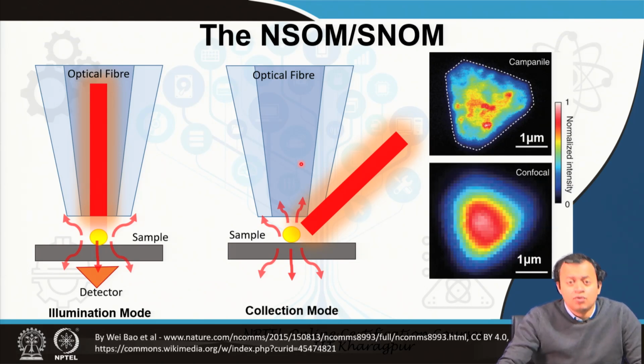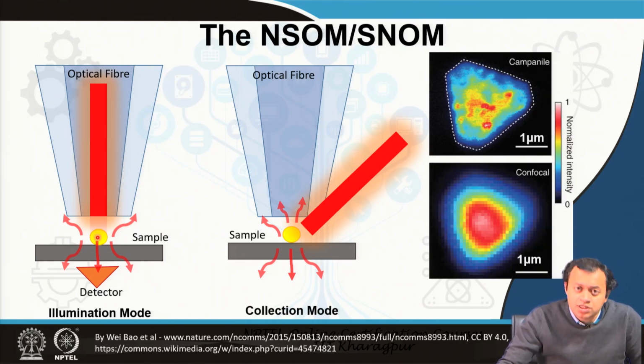We are therefore breaking the diffraction limit. What was the diffraction limit? The light will not enter. Now let us modify it, say 99% of the light would not enter. This is a small area. 99% of the light will be rejected, 0.1% of the light will enter.